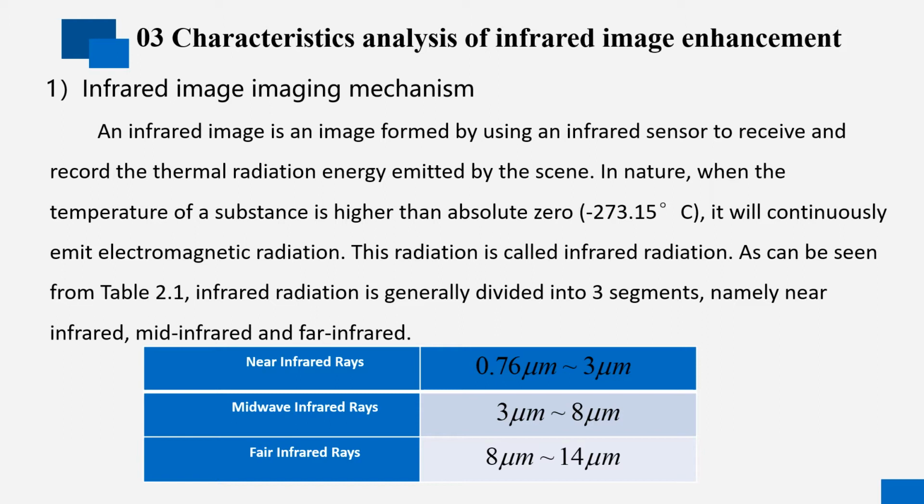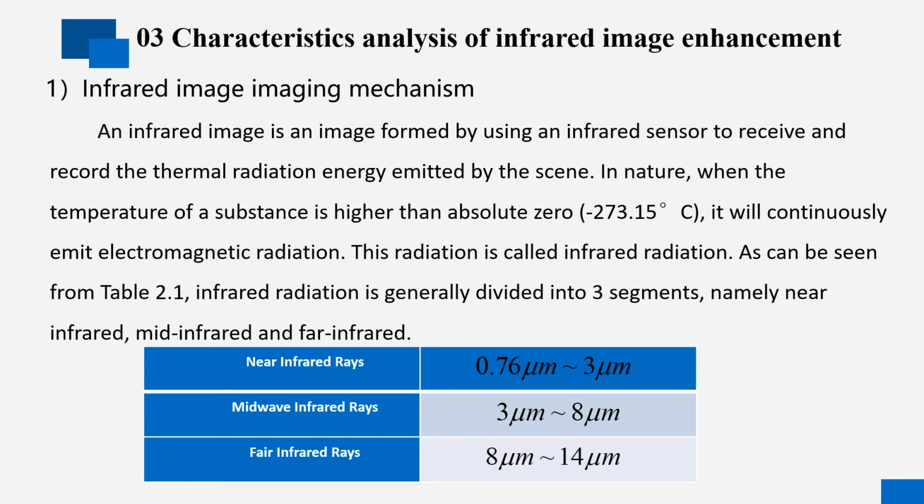An infrared image is an image formed by using an infrared sensor to receive and record the thermal radiation energy emitted by the same. In nature, when the temperature of a substance is higher than absolute zero, it will continuously emit electromagnetic radiation. This radiation is called infrared radiation.